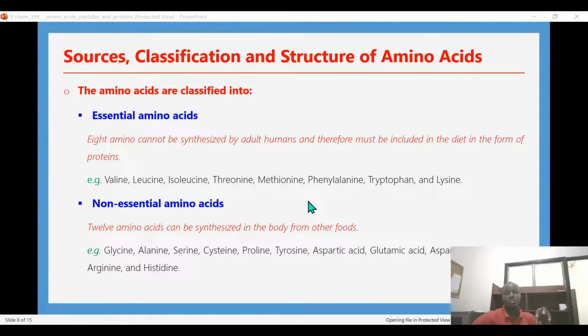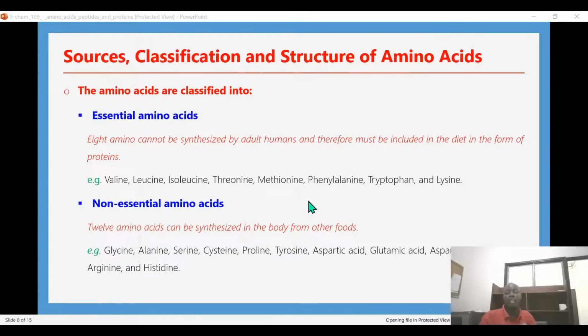Under the classification, amino acids are classified into essential and non-essential. When we say essential amino acids, it means those amino acids that we cannot synthesize as adults, so we have to get them from the diet.